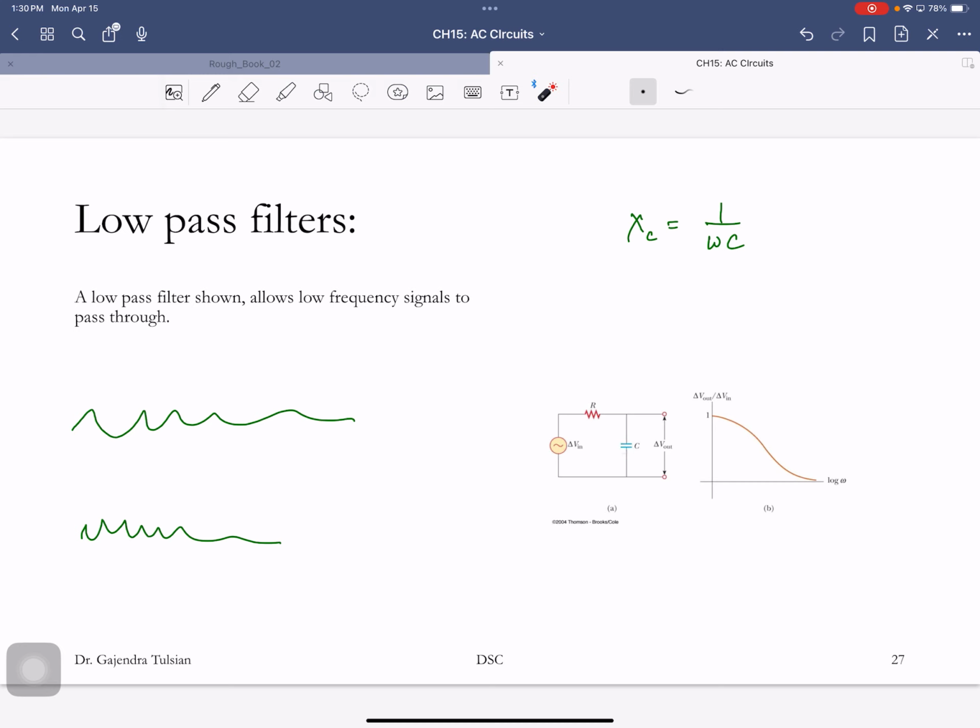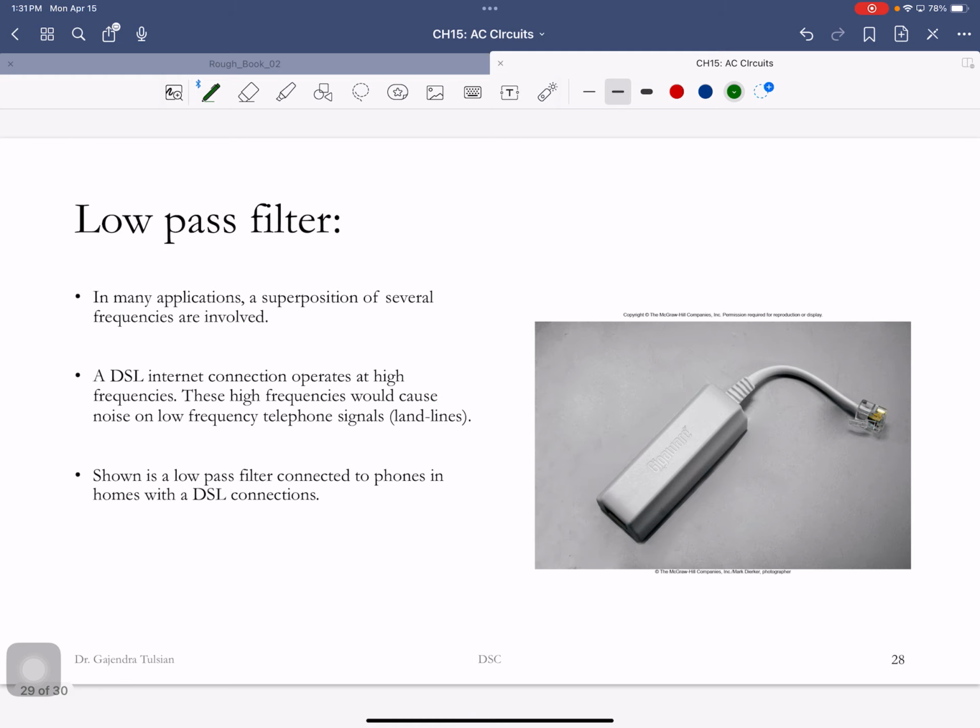For low frequencies, the impedance is high and low frequencies are seen. So at the output you only see the low frequencies. High frequencies are not seen. So this is a low pass filter. Okay, it passes low frequencies. So again, what you're getting is a mixed signal, and all you're seeing is low frequencies here. And that's what this graph is telling you.